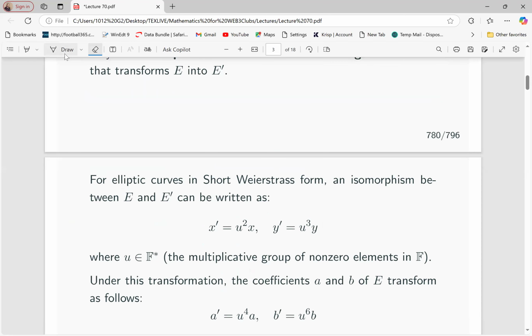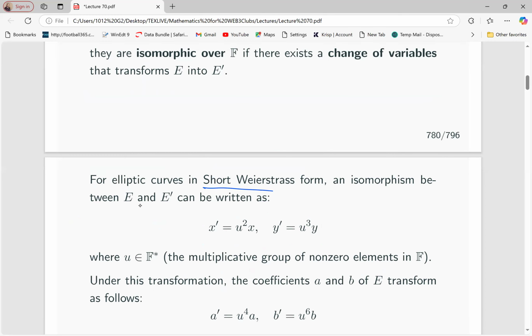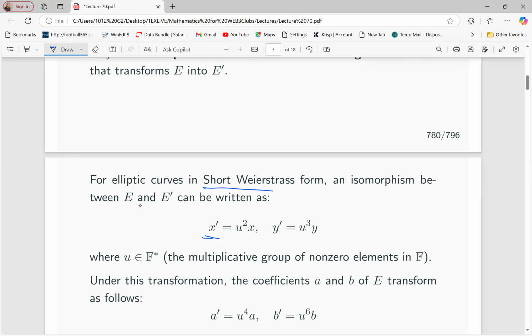There's something I've written here. For elliptic curves in this form, we looked at this form, for these elliptic curves to form an isomorphism, I'm using prime for what comes from E prime.